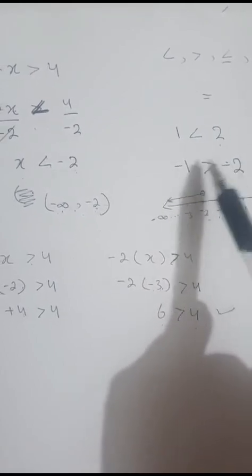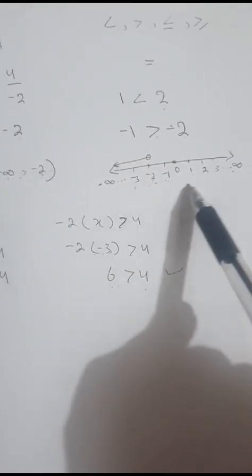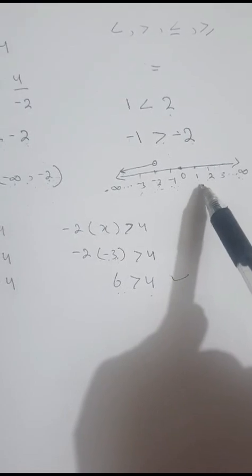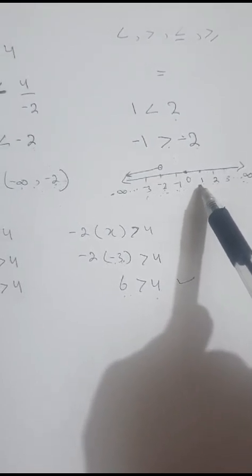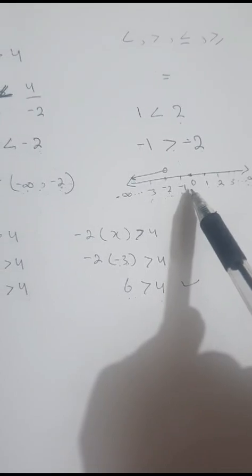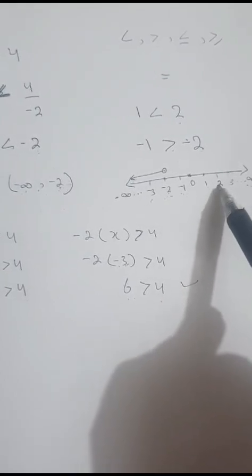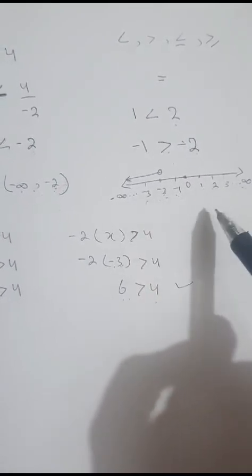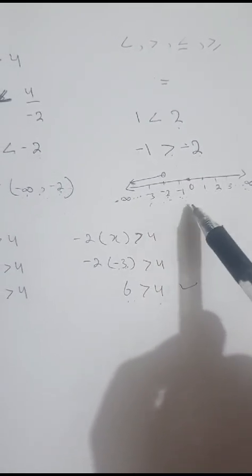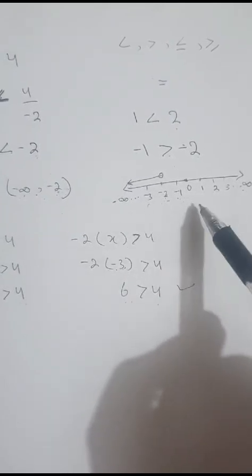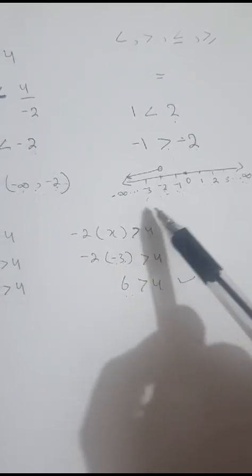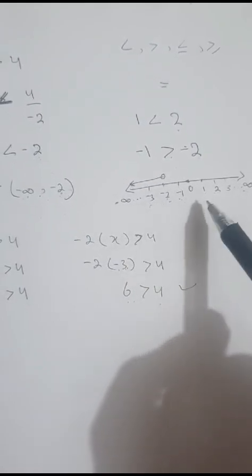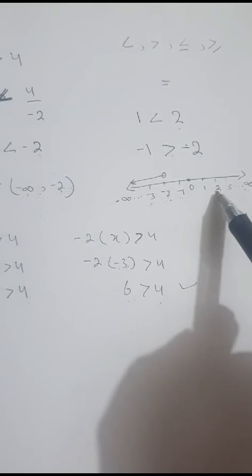And why does this happen? You can check it on the number line, where the numbers 1 and 2 lie. If we approach positive infinity to the right of the origin, we get bigger and bigger numbers, and if we approach negative infinity to the left of the origin, we get smaller numbers. Here 1 is less than 2.